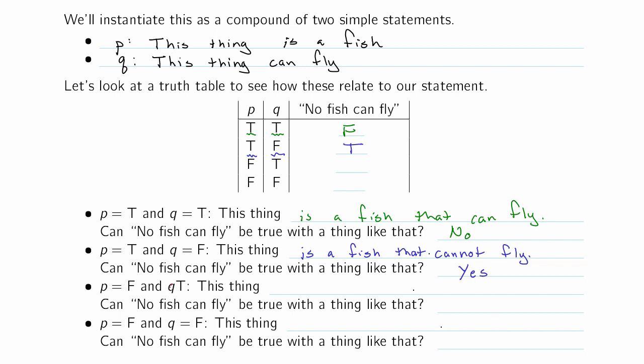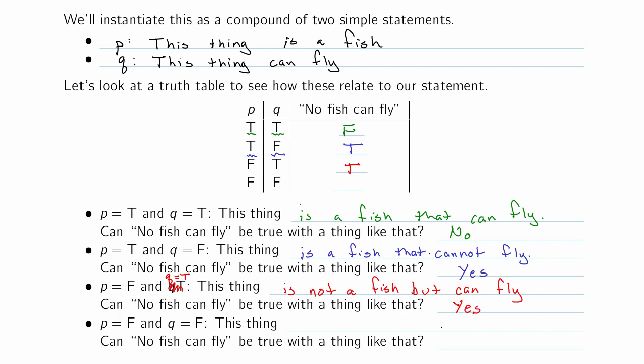If P is false and Q is true, that means that we have something, P is false, it's not a fish. Q is true, it can fly. Again, that's no problem. If no fish can fly, if there are any flying things, then they're not fish. So if this thing is not a fish, but can fly, again, we have no problem with no fish can fly. That can still be true.